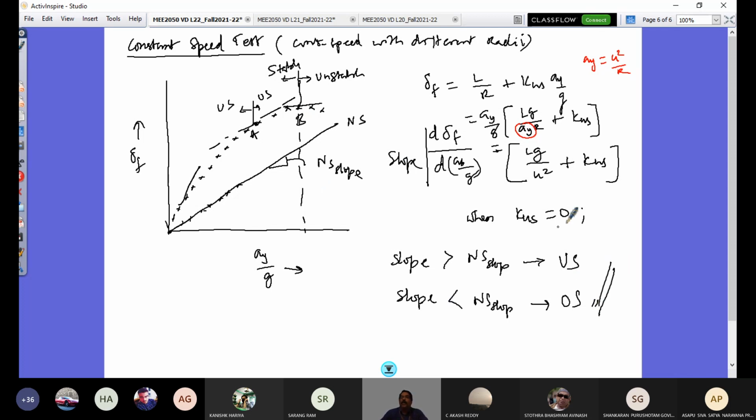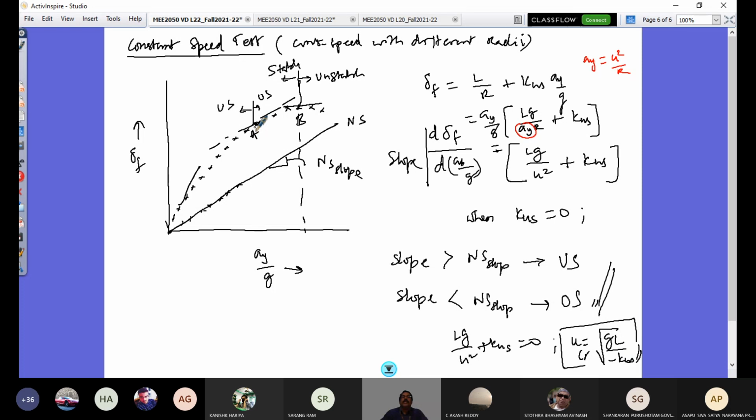When the slope is zero, what do you mean by that? This entire thing is zero. That is Lg by u square plus KUS is zero. And that says u is equal to under root of GL by minus KUS. So this is what is called a critical speed, which we have already seen.